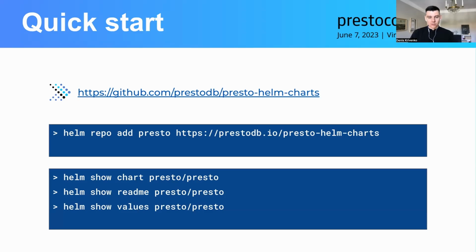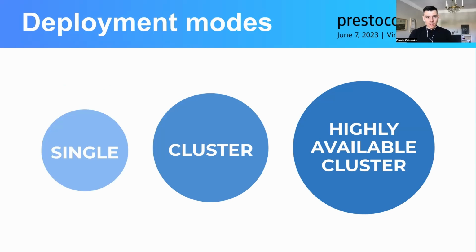And go to the next slide. Okay. The Presto Helm chart supports 3 Presto deployment modes: single or singleton mode, cluster mode, and also highly available cluster. Let's start with the first one.